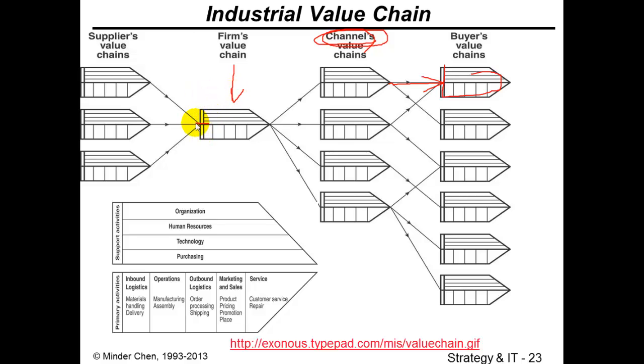And companies' inbound logistics actually come from their suppliers' outbound logistics, sales, and marketing. So if we broaden our view, it's worthwhile to look at an industry-wide value chain to understand a company's role in this industry-wide value chain.